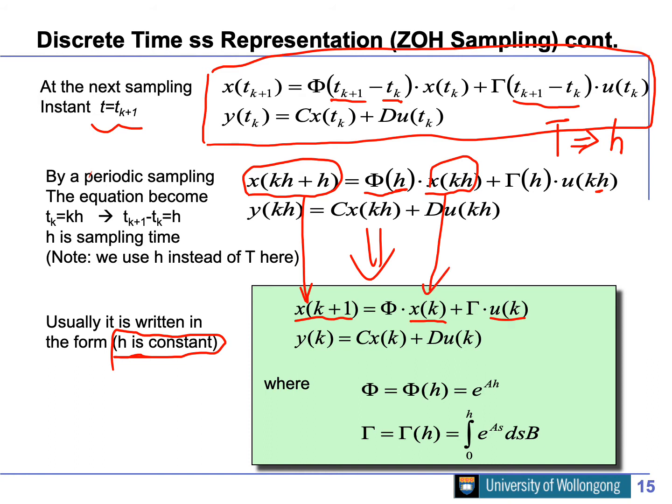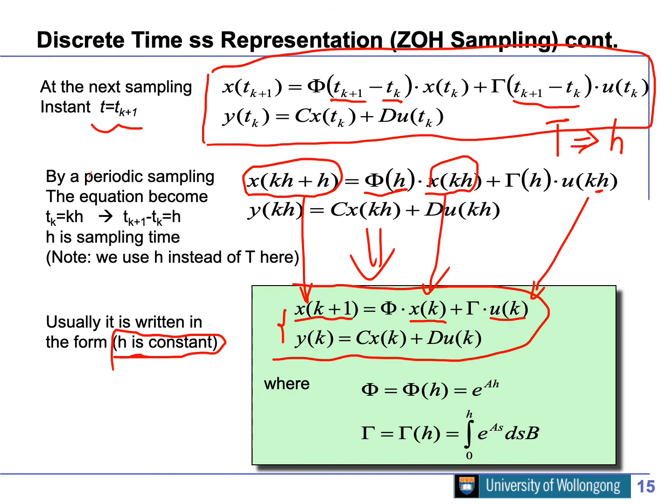To avoid this kind of repetition, we just ignore the h. But we know that between x(k) and x(k+1), the time in between is a sampling period, h, or sampling time, T. So our discrete time state space representation is this one.